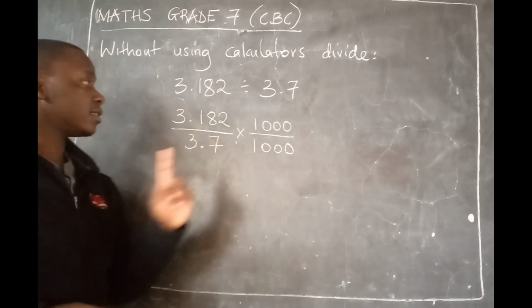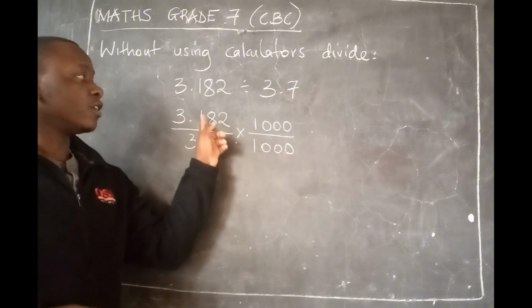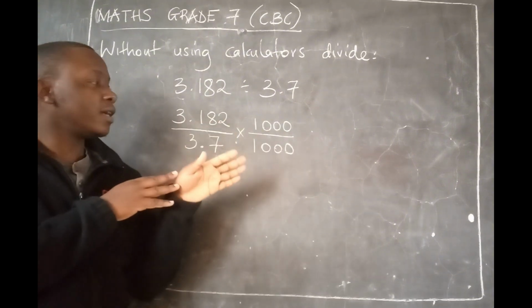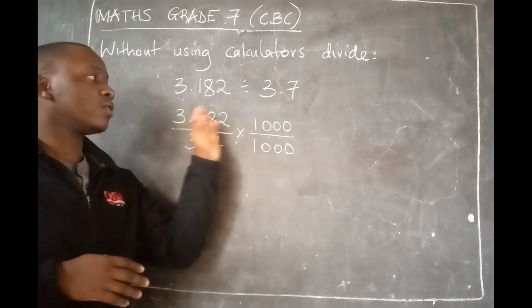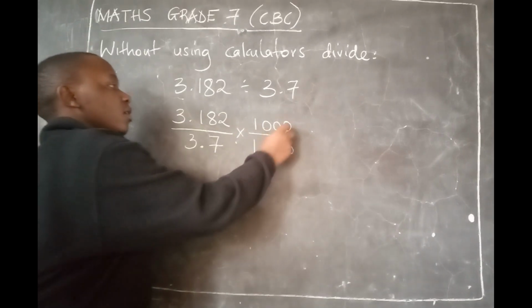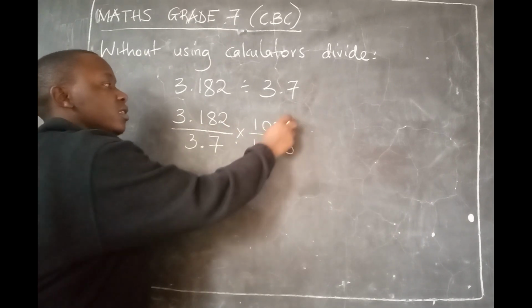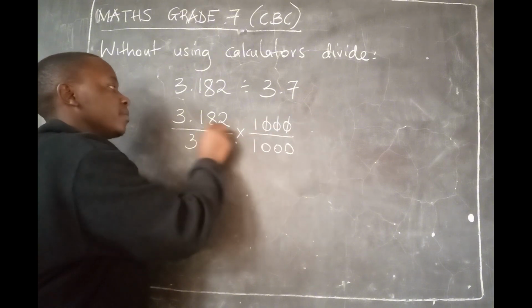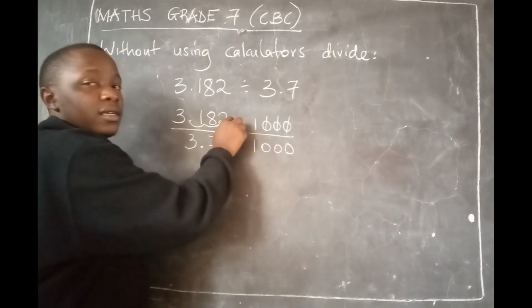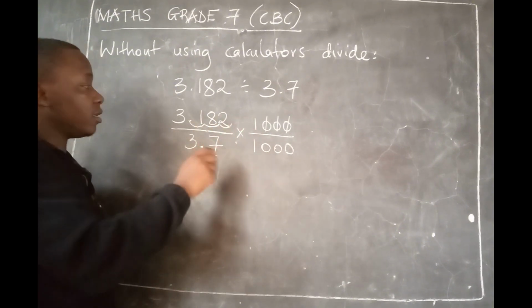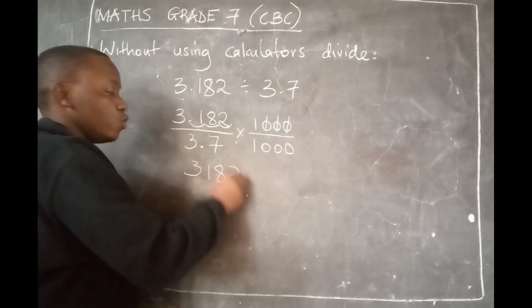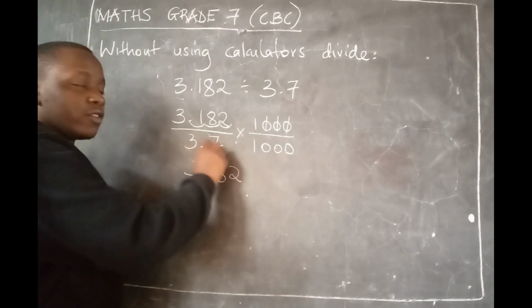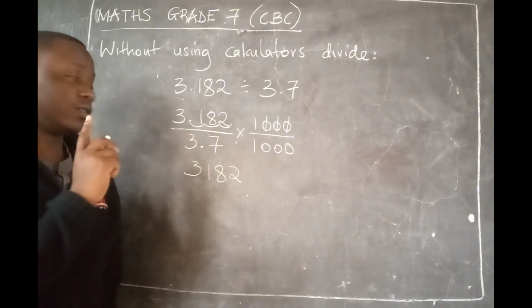If you want to remove the decimals, you say 1, 2, 3, 1, 2, 3. So the decimals are out. So this remains as 3182. Okay. Now for the denominator, I want you to pay attention.